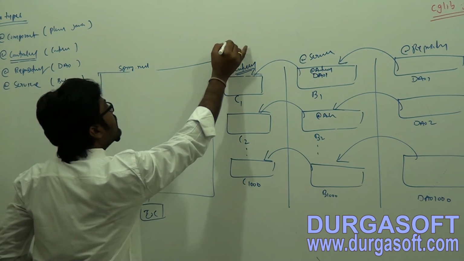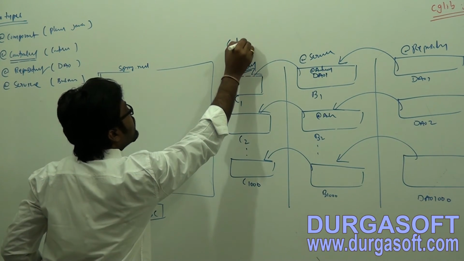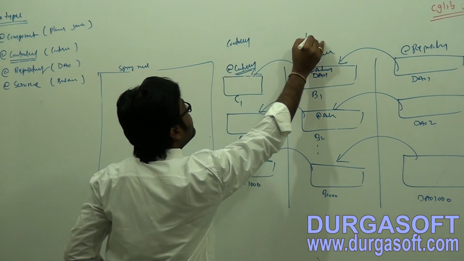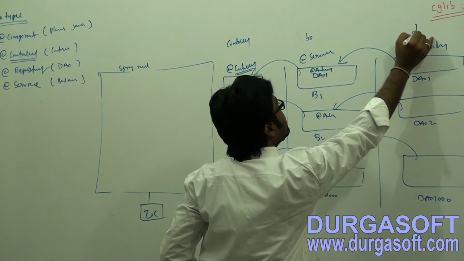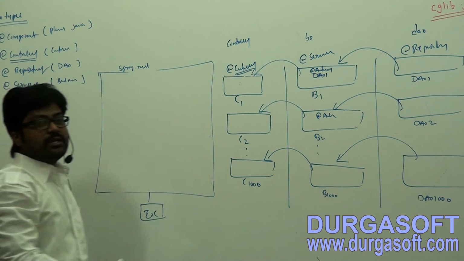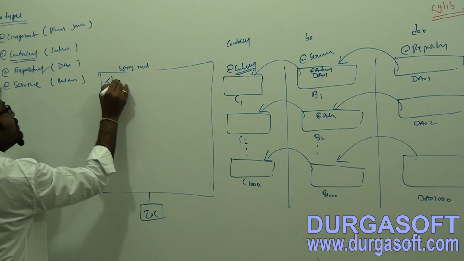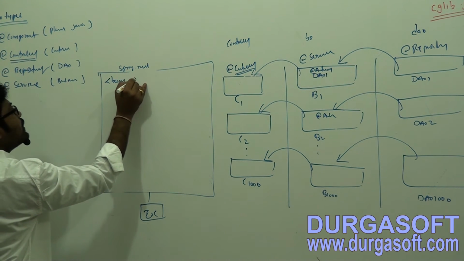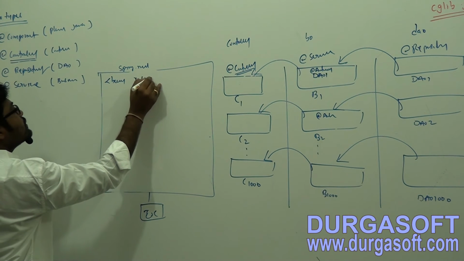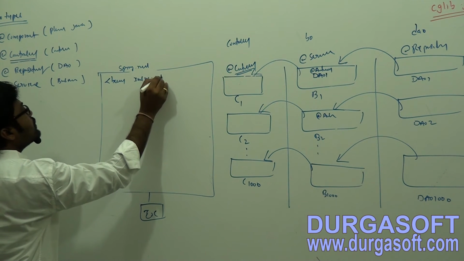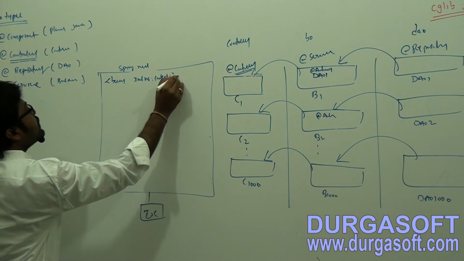Let's say these controller classes are there in the controller package, and these business classes are there in the BO package, and these DAOs are there in the DAO package. Just we need to scan those packages by using a namespace. Which namespace do we have to use here? xmlns, we have to use the context namespace.